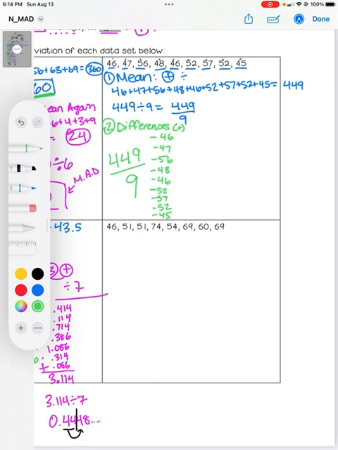So the first subtraction problem is 449 over 9 minus 46, which is about 3.889 if I round. Then I'll have 449 ninths minus 47, which is 2.889 if I'm rounding to the thousandths place.